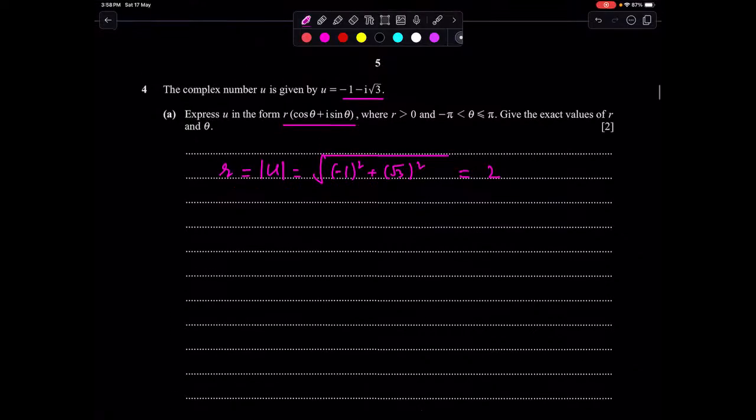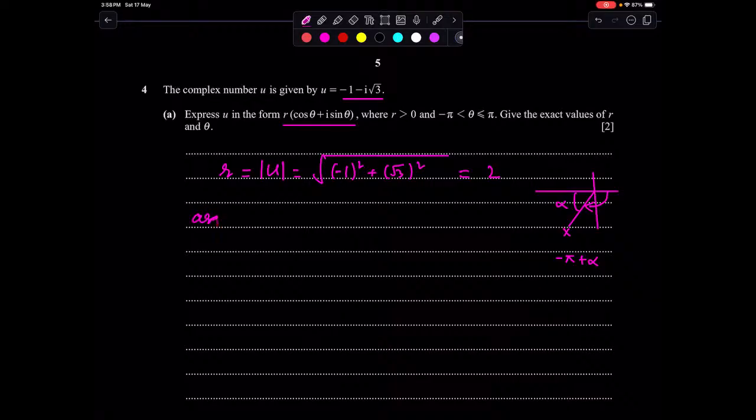Now for argument, make a rough sketch. This complex number is in the third quadrant. Remember, for argument always make a rough sketch. So its argument should be minus pi plus alpha.